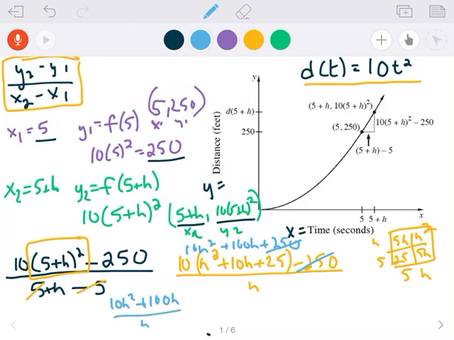And since there's an h in every single term, we can get rid of those. Our final expression becomes 10h plus 100. So that is the slope expression that we're looking for. The question is, how is that helpful to us?